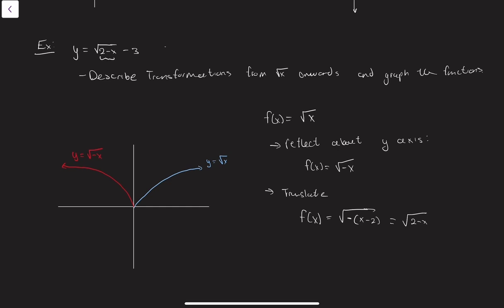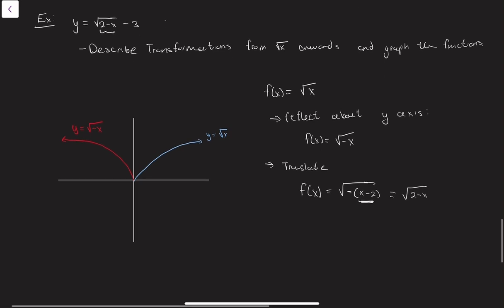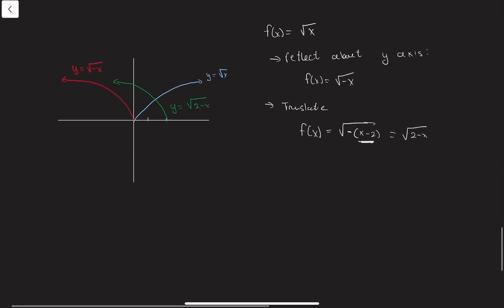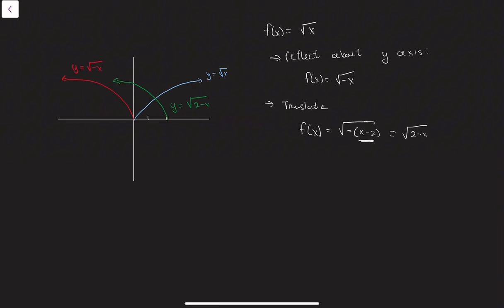And if we're plugging in x minus 2 here, we're translating our function 2 to the right. So that becomes 2 units, let's call it right there, like this, and the green, y is equal to root of 2 minus x. So let's say translate 2 units right.